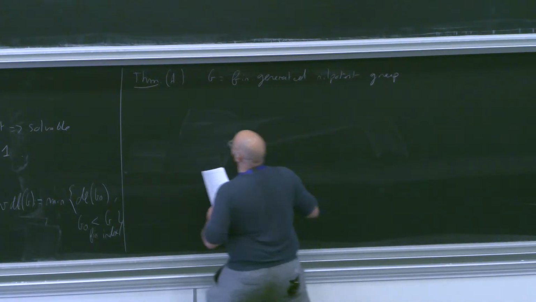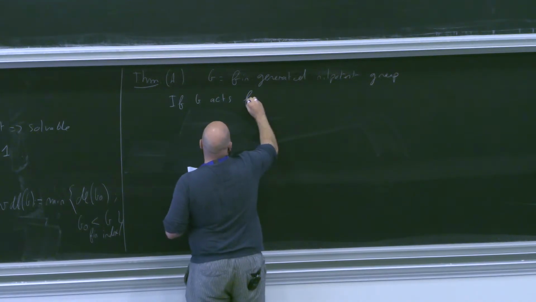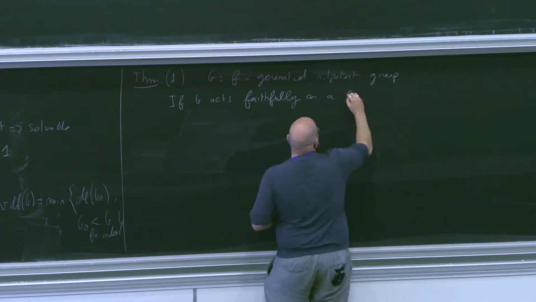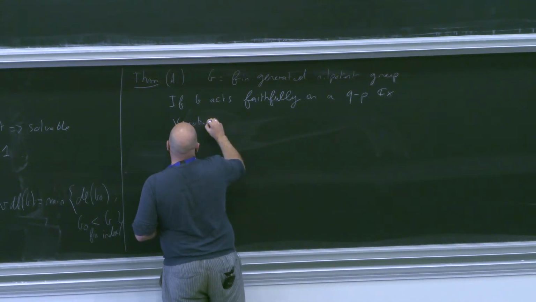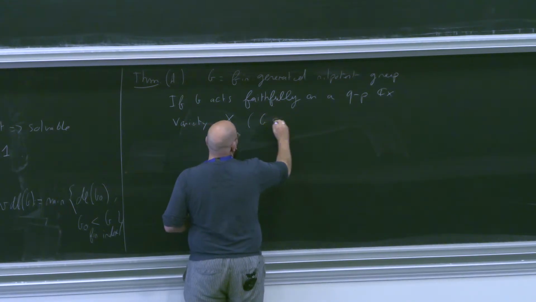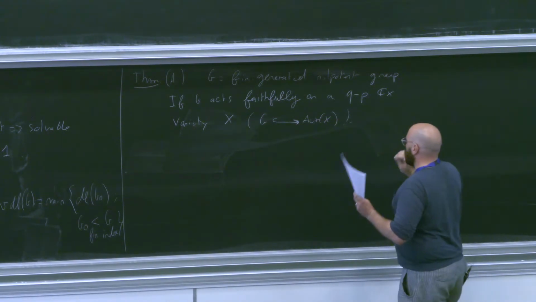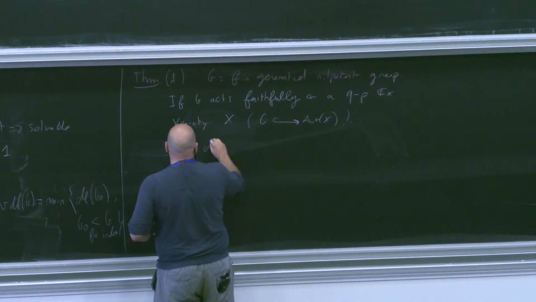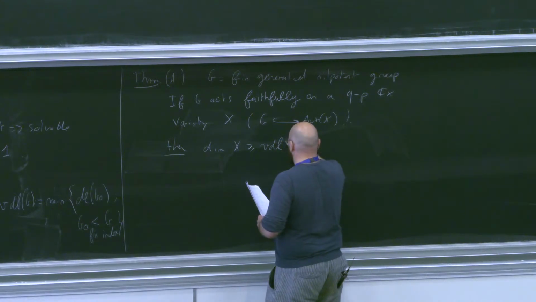Okay, and if G acts faithfully on a quasi-projective complex variety X. So what I just mean by that is that G embeds into the group of automorphisms of X. Okay, I don't assume anything more on the action. I just want that. Then the dimension of X has to be larger than the virtual derived length of G.